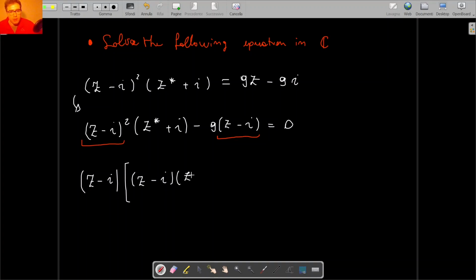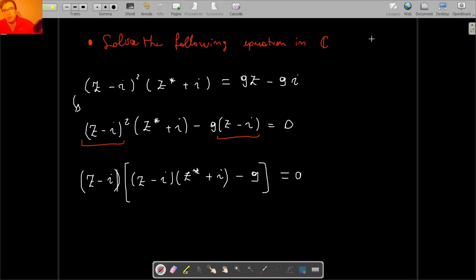Then we have z star plus i minus 9, the whole factor, equal to 0. Perfect. Now we have the equation in a form that we can use to infer the solutions. The first solution is quite easy, because by the product rule, if we make this factor equal to 0, the whole expression also becomes equal to 0.